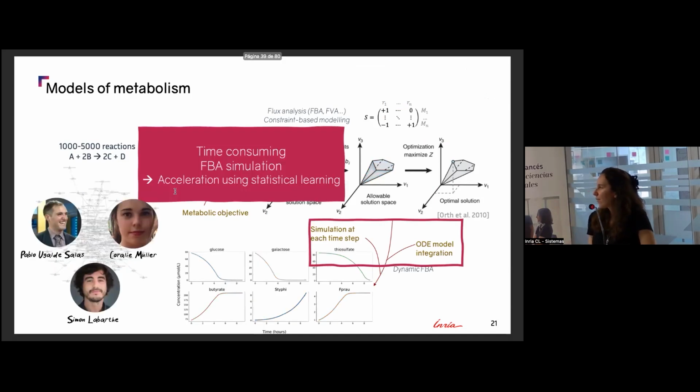So our idea in this project, led by the postdoc Pablo Galdetes Salas, an engineer Coralie Müller, and a fellow researcher Simon Labarthe, was to accelerate the process of building dynamical models by skipping this optimization step and rather use statistical learning.